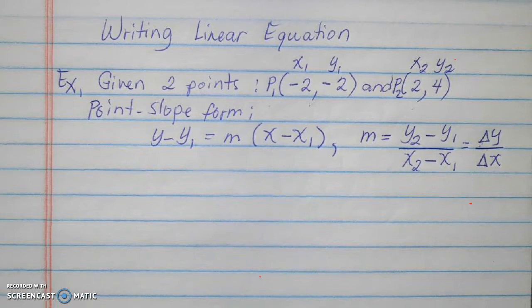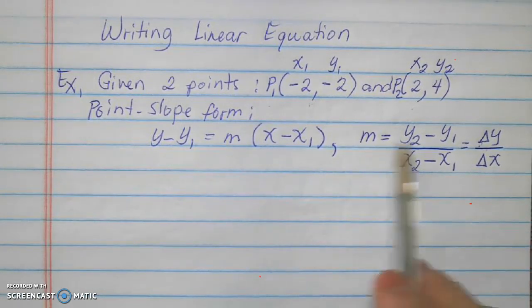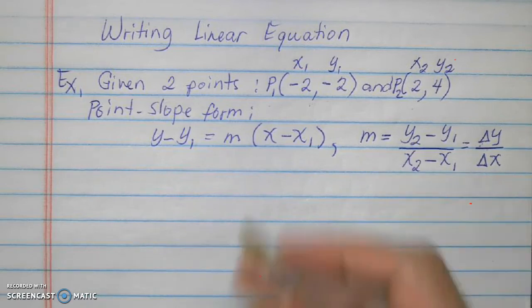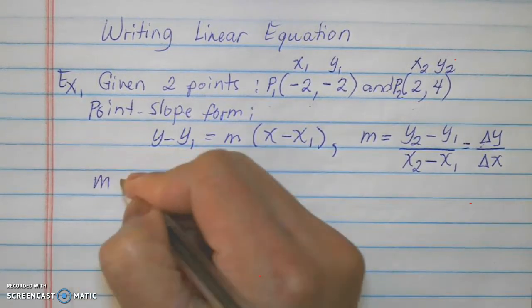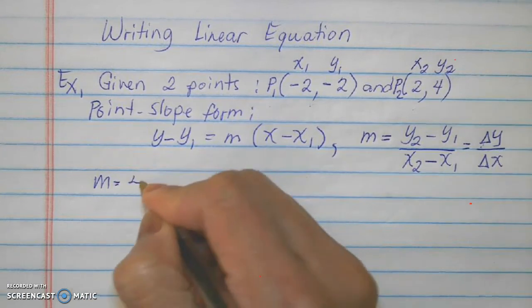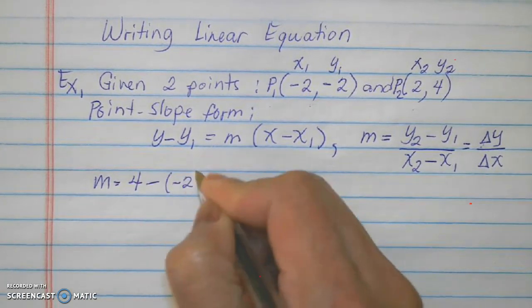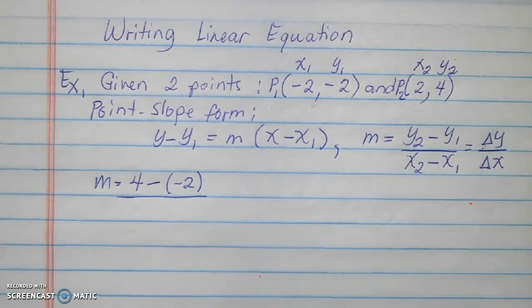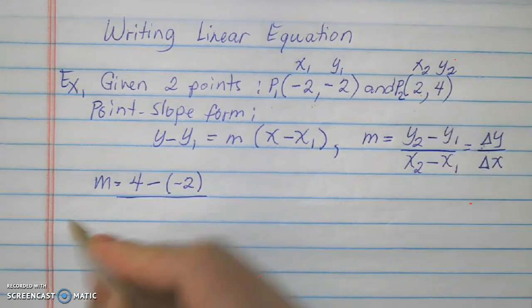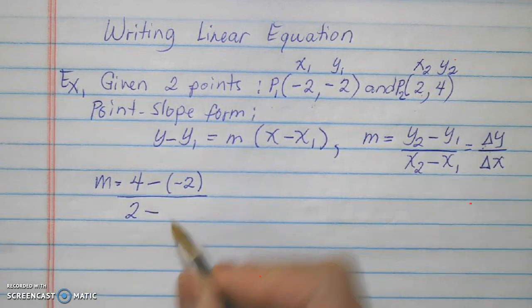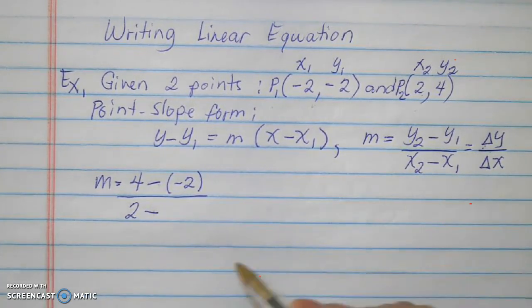All right, so let us begin. First of all, I need my m. So I'm going to go ahead and substitute this. Looking for m, I will have 4 minus negative 2 all over my x2, which is 2, minus, and this is minus 2. Minus is fixed. Those are your operation signs.